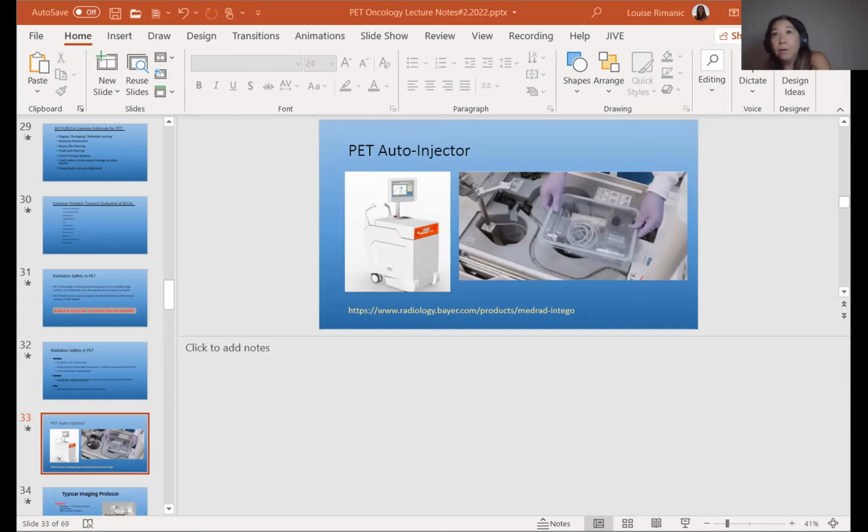Here's an example of metformin. So metformin can cause significant FDG uptake in the colon, right? As you can see here, you can make out the entire bowel. And this is particularly problematic in patients that present with colorectal cancer, right?